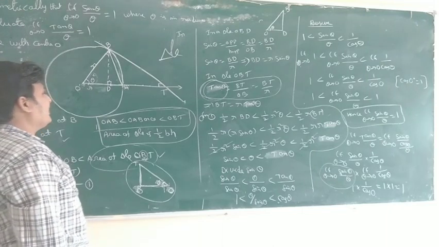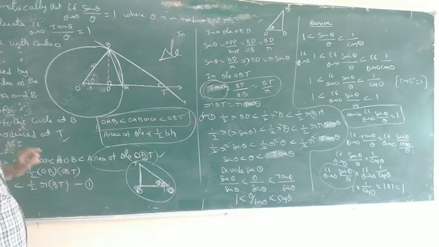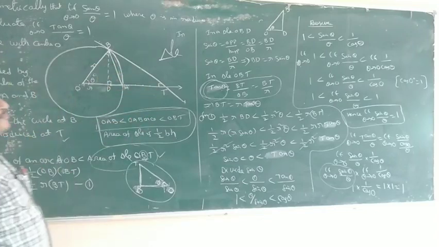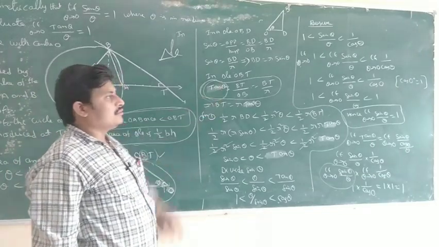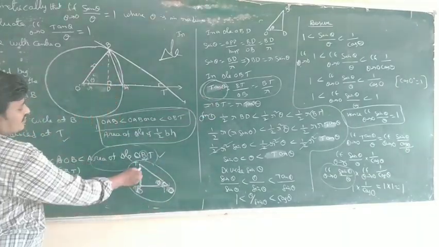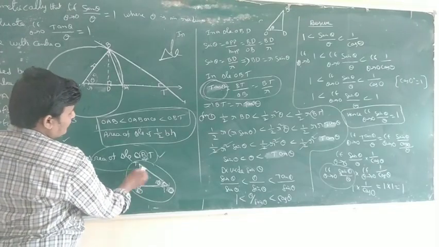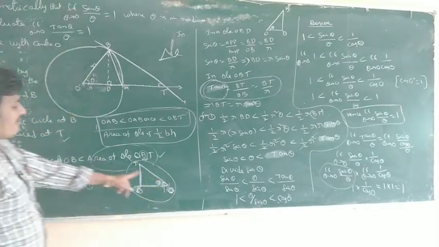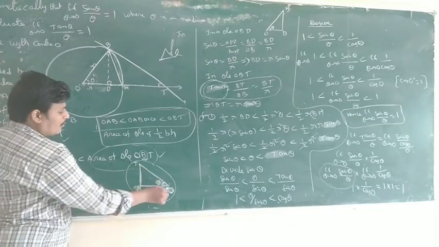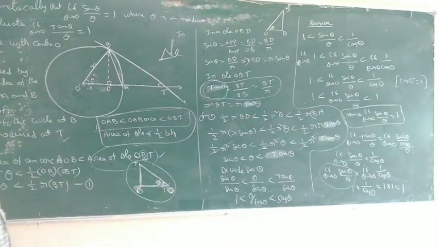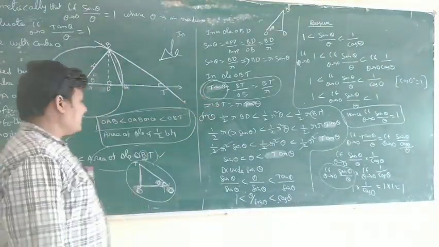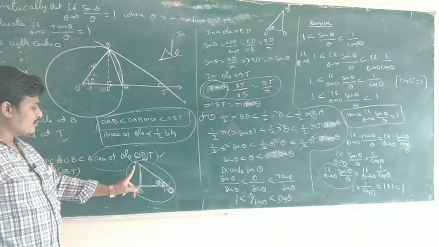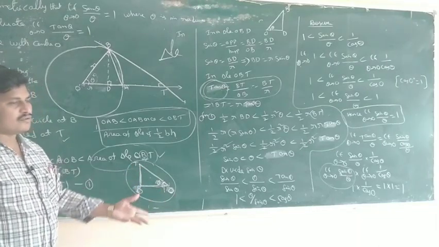Next, in triangle OBT, we want BT. Sin theta is opposite side BT by hypotenuse OT, but we don't know the OT value, so sin theta is not used.